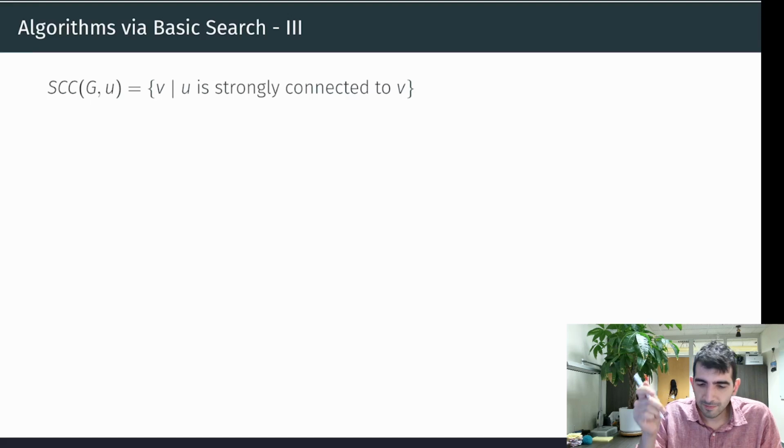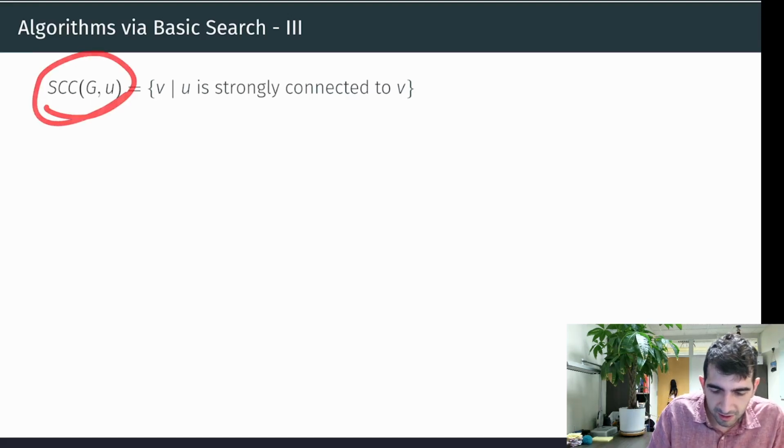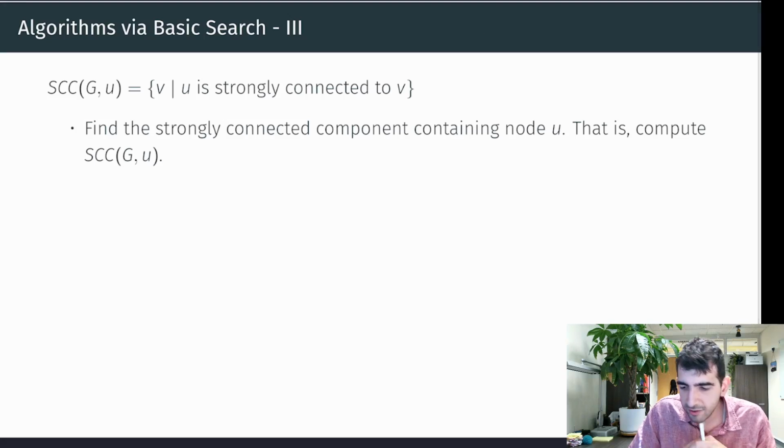So, next question. We want to find the strongly connected component of G that contains U. How do we do that? How do we find the strongly connected component in G that contains U? Well, I have some hints. What does it mean for something to be a strongly connected component?